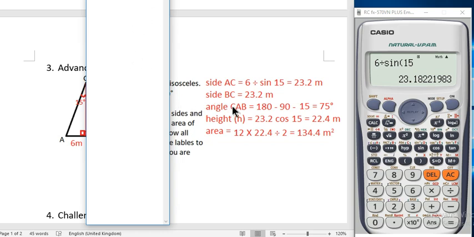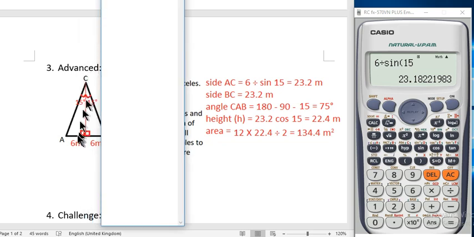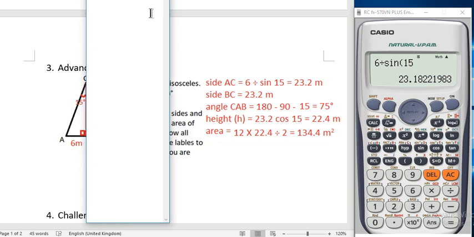Now, the angle CAB. We want to work out all of our angles, and we've got the 15 degree angle there, and we already know that the whole thing around there was 30, but we don't know this angle here at A. When you write down angles, the important letter is the one in the middle.